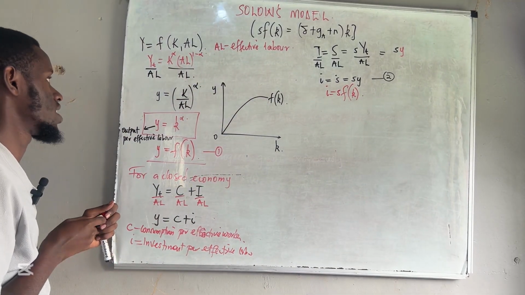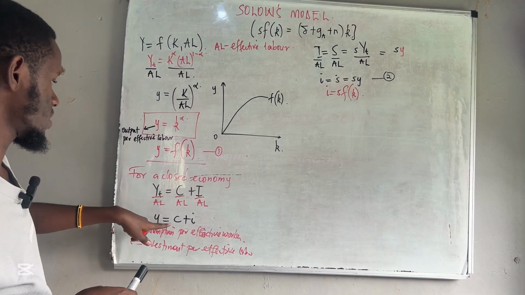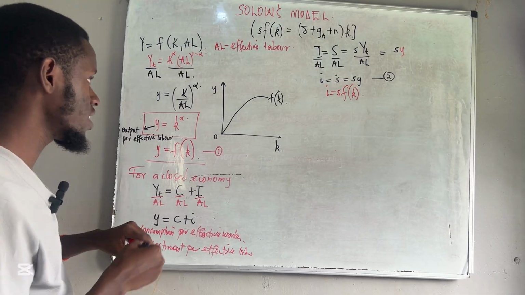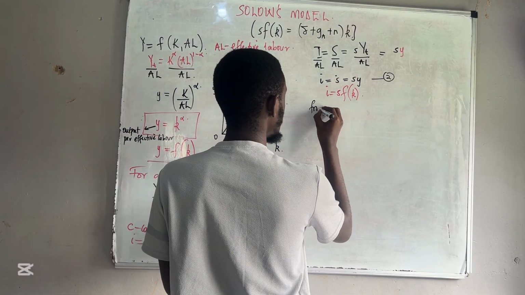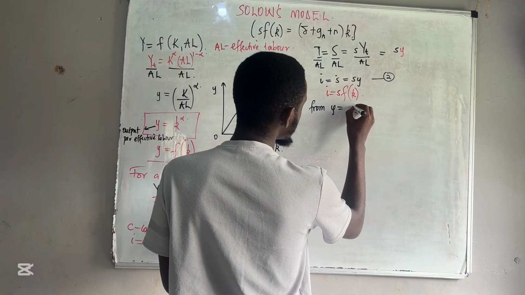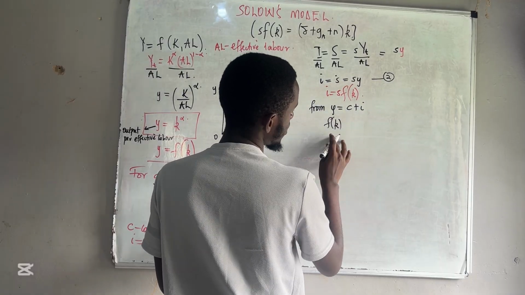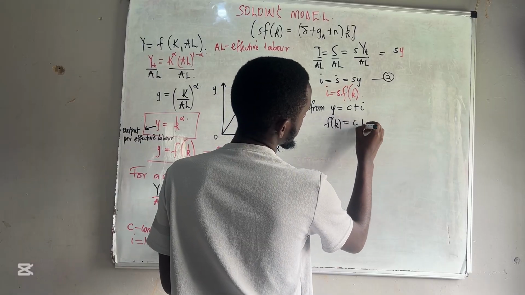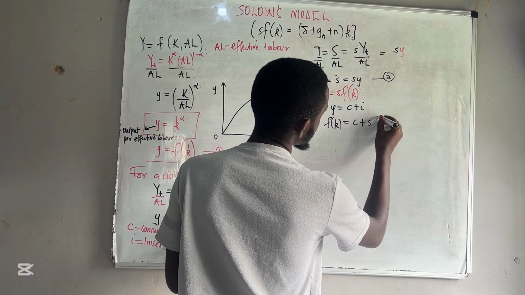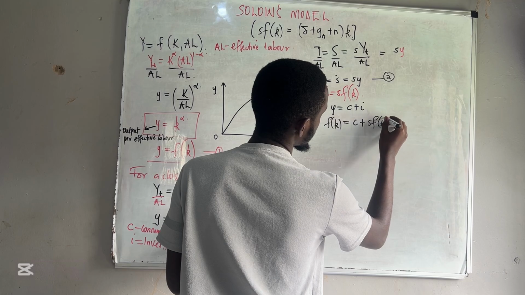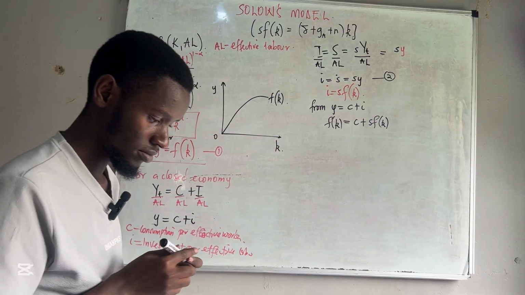From there, members, I can plug them into this equation. Then we have small y equals c plus i, so f of k equals c plus i, which is s f of k.